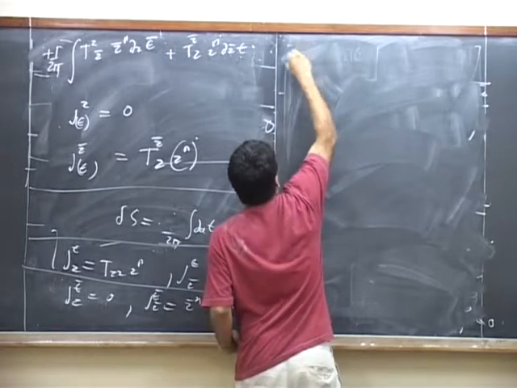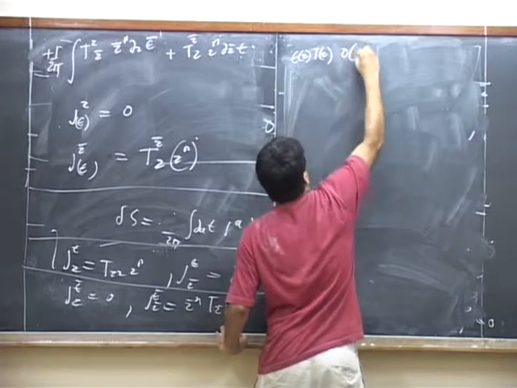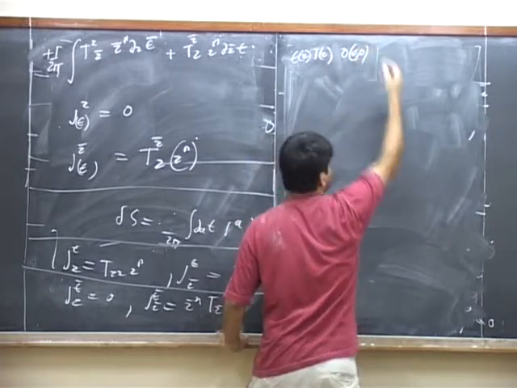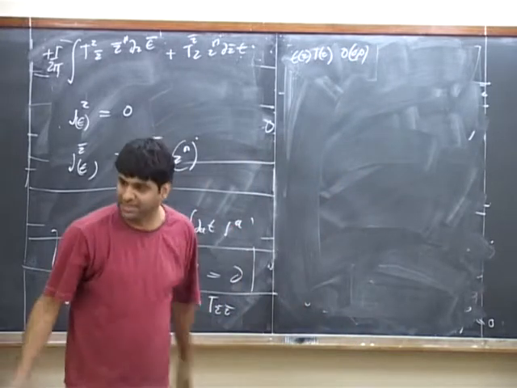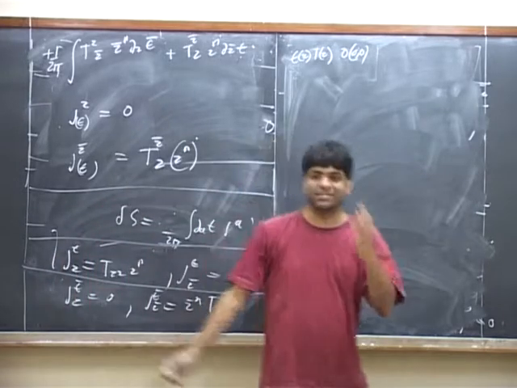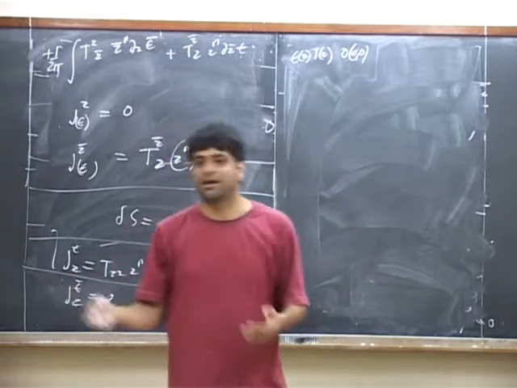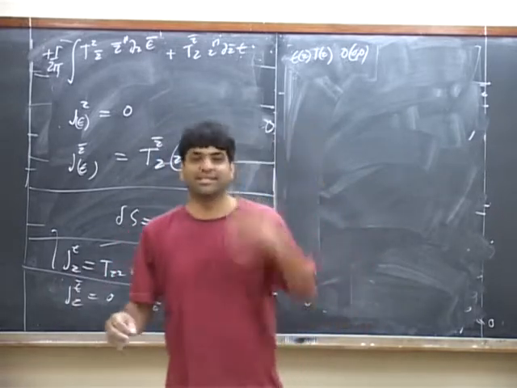We conclude that epsilon of z times T(z) acting on O inserted at any point, but let me choose it to be 0 for convenience. T(z) is T_zz. I'm changing notation now. T(z) is T_zz, and when I want T_z bar z bar, I'll call it T bar of z bar.